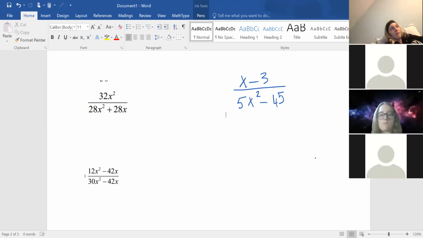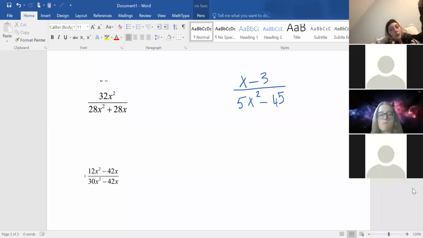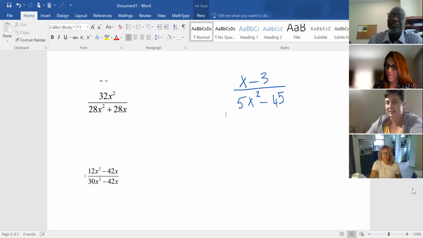So then Peggy, Annette, Noel, I have an answer. Natalie, I got stumped with the top one. The top one, 32x squared over 28x squared plus 28x. The 32x squared, we just leave it like this for now, right?